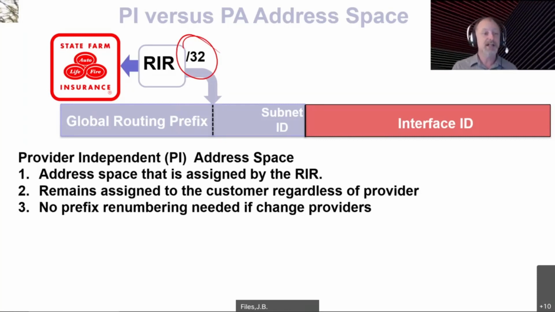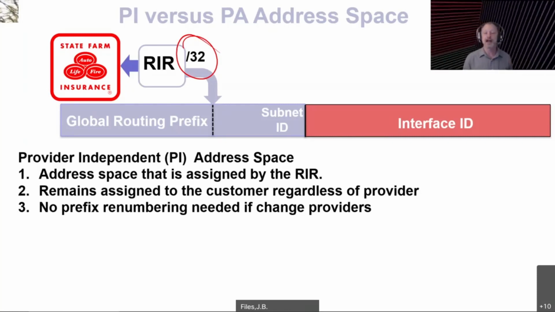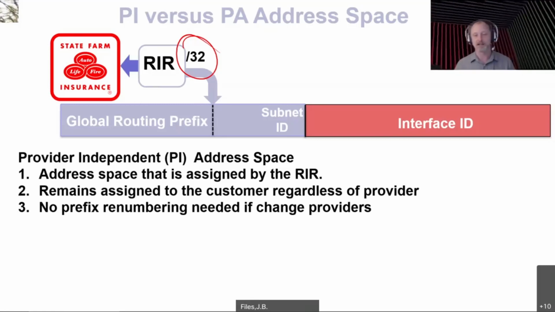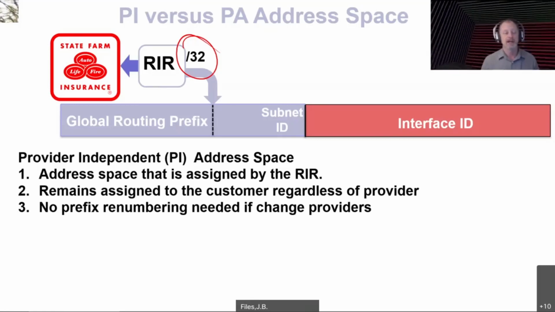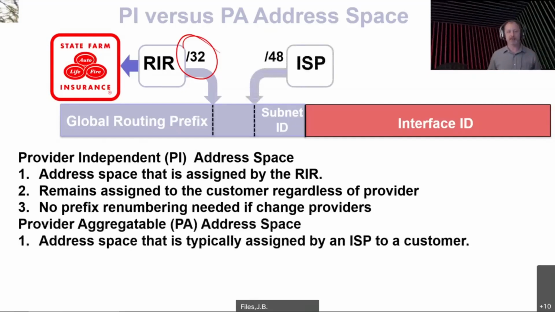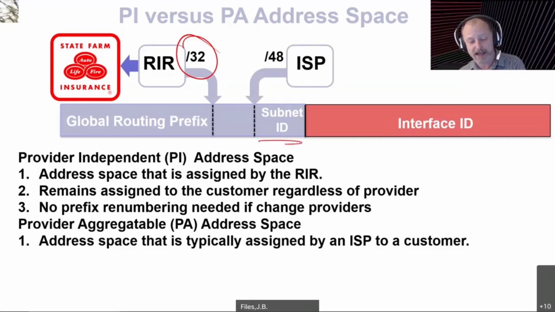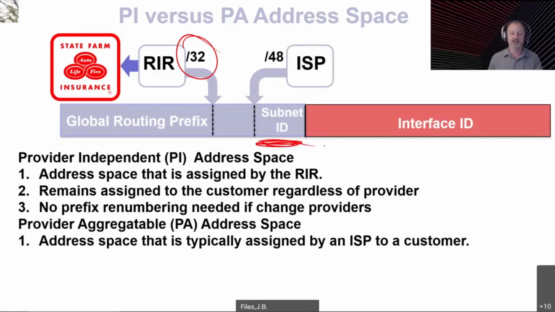Okay. So the nice thing about this is if you change providers, right, your network stays the same, and you can have multiple providers. Now, provider aggregatable address space means you're probably getting a /48. Okay, and then you've got your subnet ID.